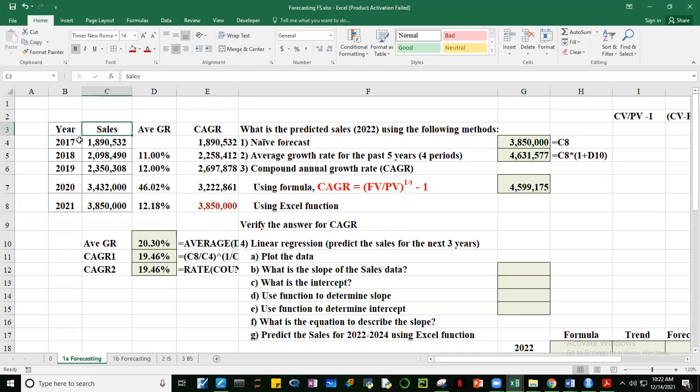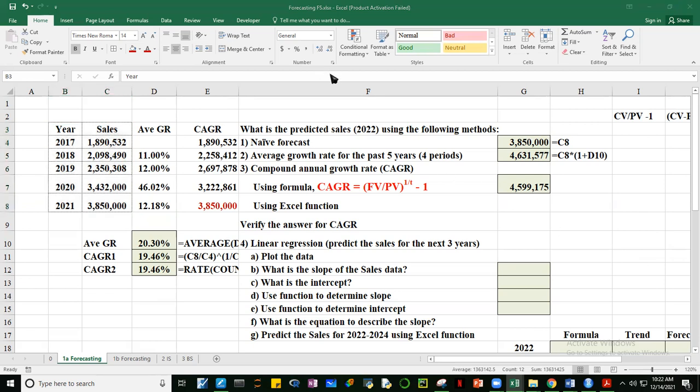Kapag nagli-linear regression kayo, unahin nyo lagi yung x-axis. Yung x-axis will be your independent variable, and then your y-axis will be your dependent variable. So dito, we're trying to predict sales using year. So we highlight this. Tama naman yung pag-arrange ng data natin. Kasi pag nauna yung sales, guys, yan ang magiging nasa x-axis, which we don't want.